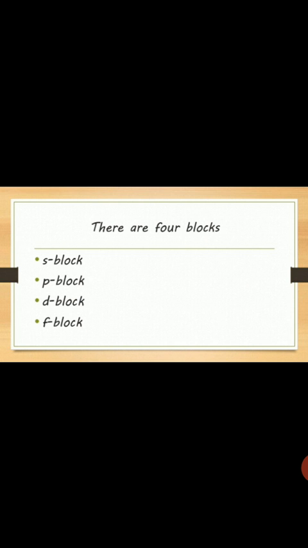But if we move in a column, let it be the first group, so it is an S block, group 1, all the members present in group 1 will have similarity in their properties, right, students? So this is all about the long form of periodic table.